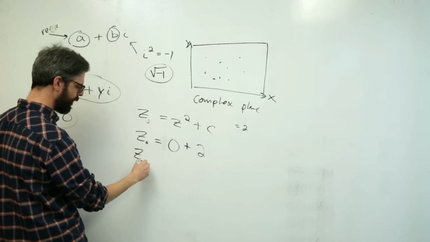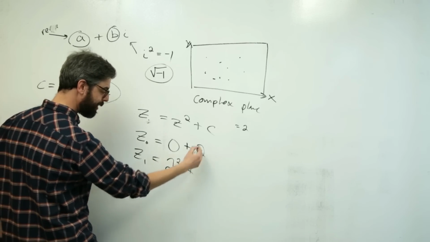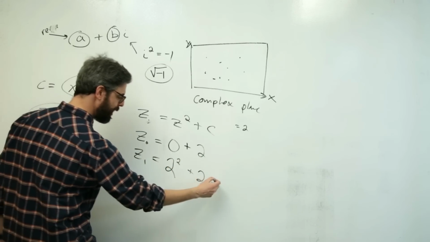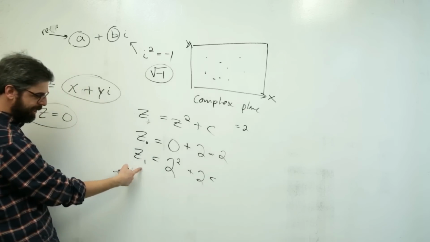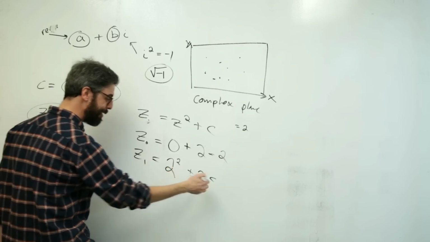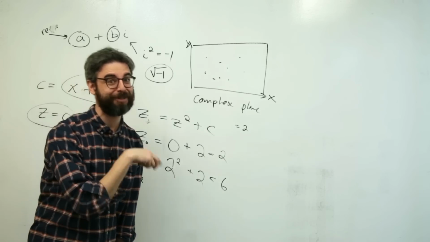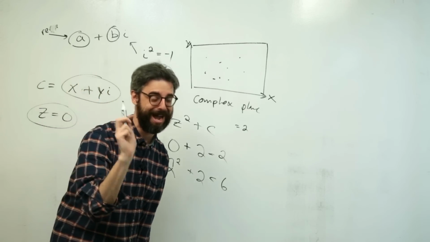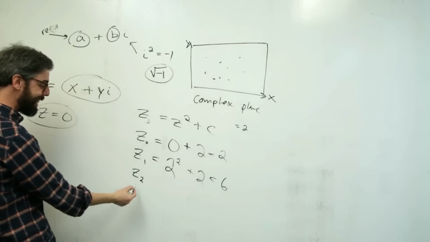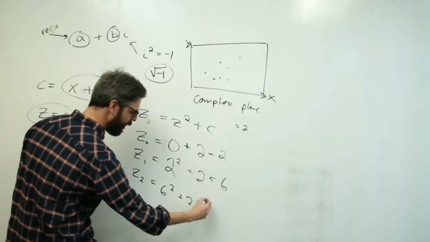Then the next one, z1, would be 2 squared plus c, which is 4 plus 2, so z is 6. This is important because we're going to have to do this to calculate the digits of pi. That's why I'm emphasizing this. Then the next z equals 6 squared plus 2, which would be 38.